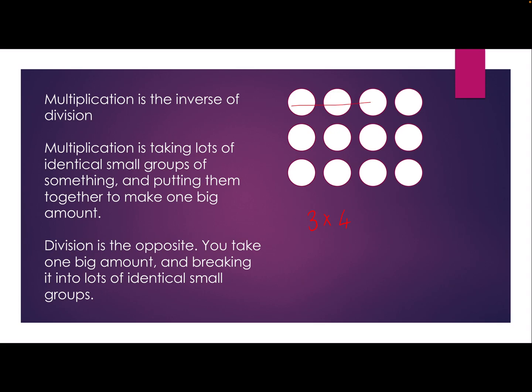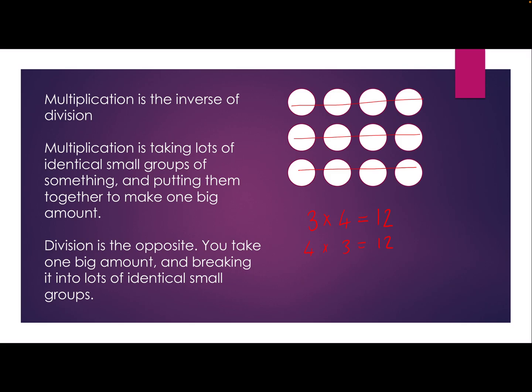There's a row here of 4, a row here of 4, and a row here of 4. To work out our answer, we need to know how many there are altogether. 3 times 4 is 12. We can rotate that 90 degrees and have 4 rows of 3, and it would look the same. We know those two facts are there.